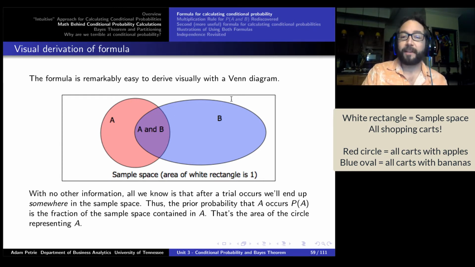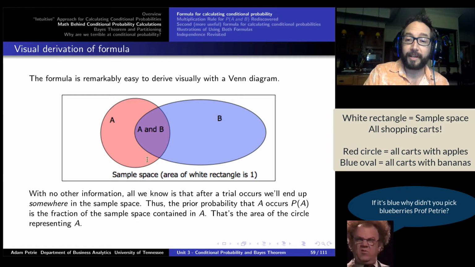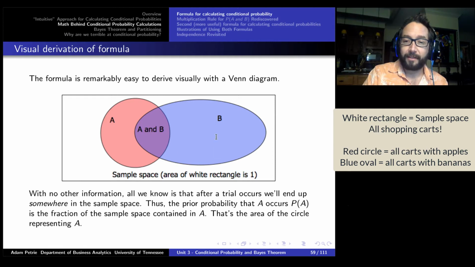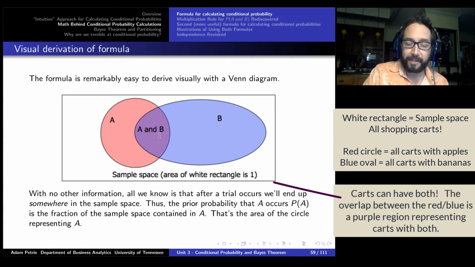And we'll do the same thing for bananas. This blue oval here represents the fraction of the sample space, the fraction of shopping carts that have bananas. And since sometimes shopping carts are going to have both, we have this bit of a section of overlap here. This fraction of the sample space has both apples and bananas in it.